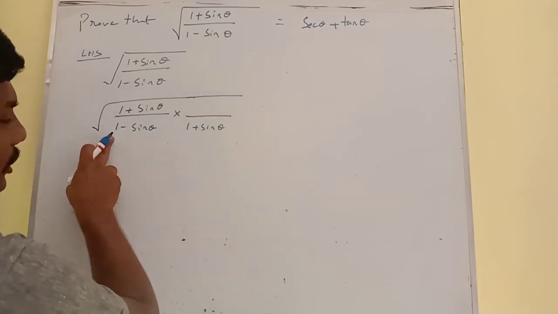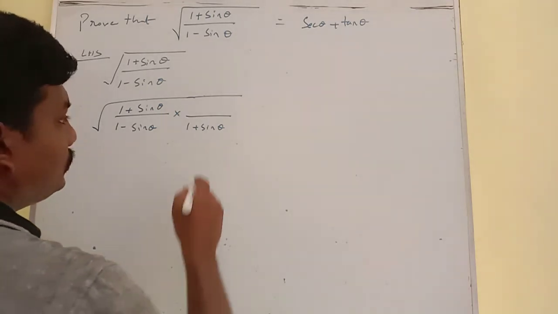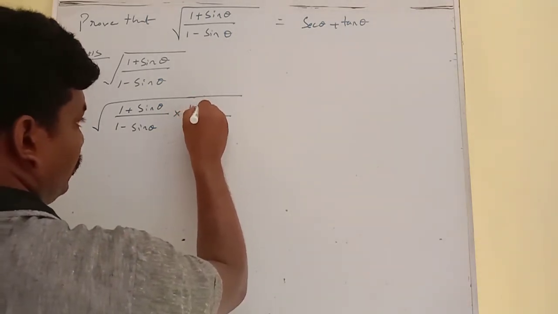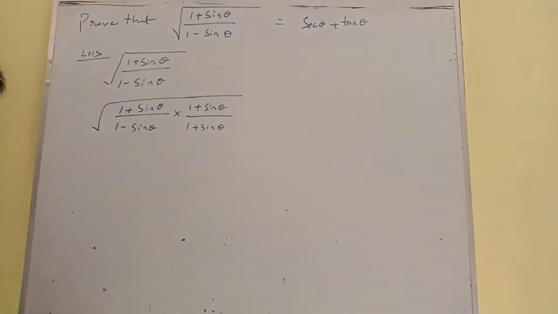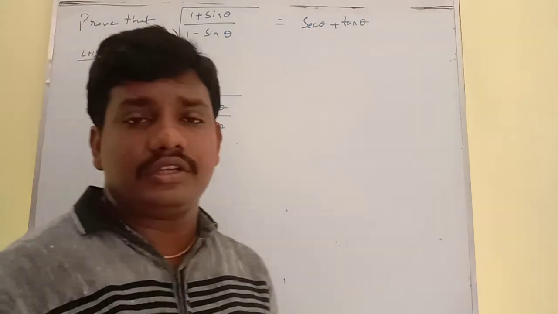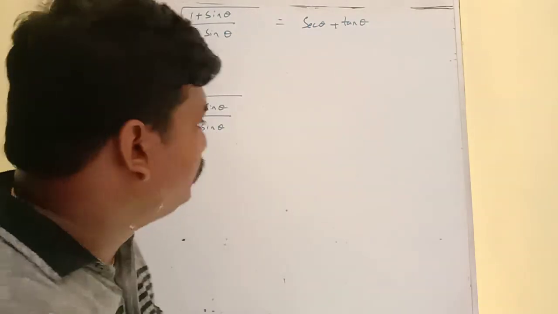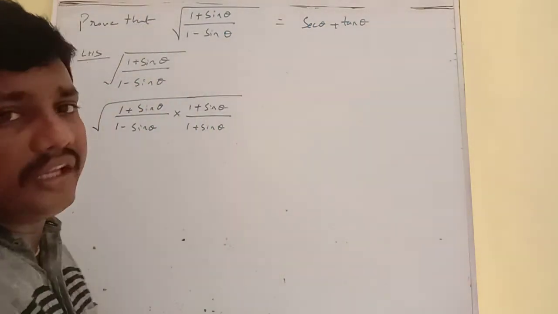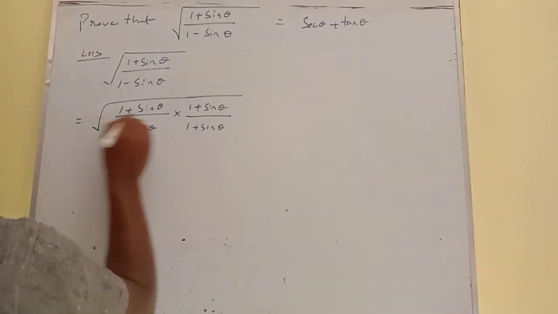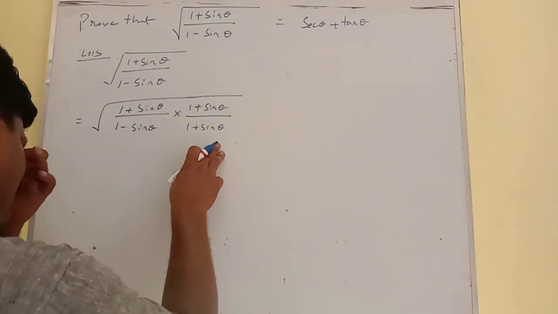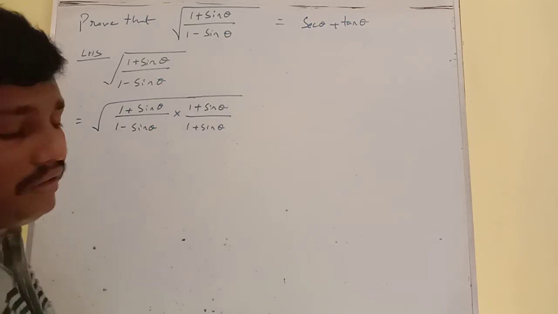If I multiply the denominator with 1 plus sin theta, I am going to multiply the same value on the numerator, because if you multiply anything, the total value should not change. So that's the reason why I am going to multiply 1 plus sin theta on the denominator and also 1 plus sin theta on the numerator.